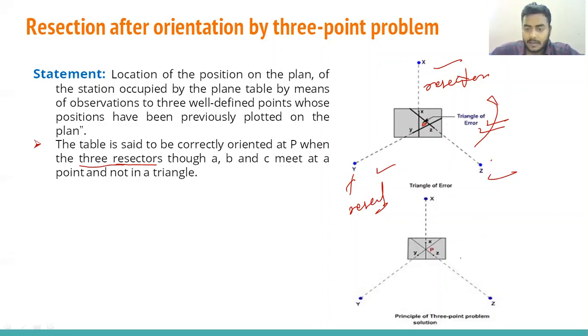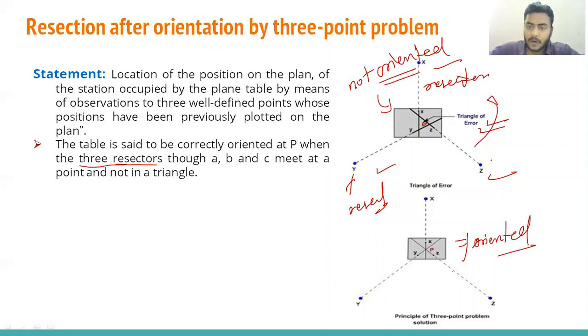Suppose the rays meet at a point like P. In this case we can say the table is properly oriented. But in the other case you can say it is not oriented. So we have to reach this second case.